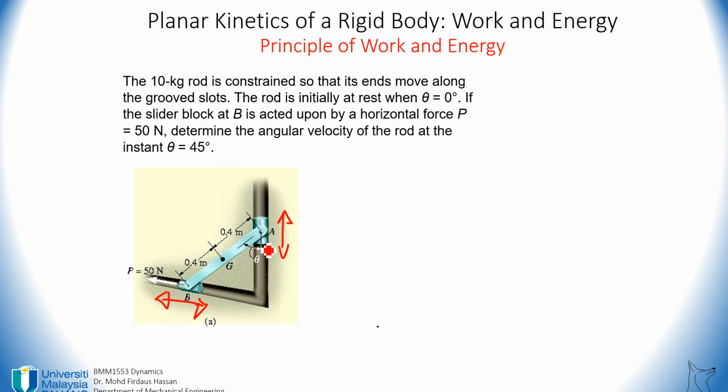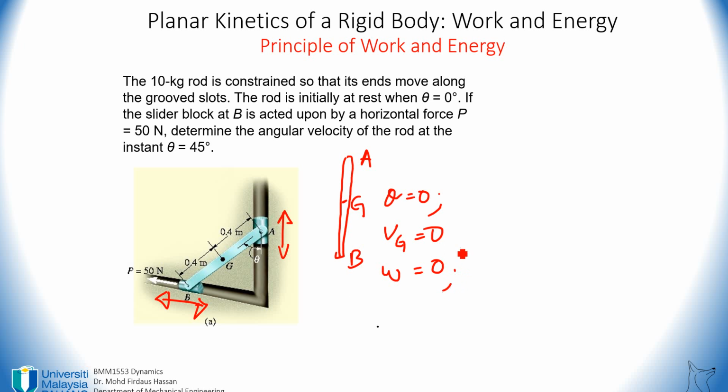This is theta. When theta is 0, the position of the rod is like this. This is point A. So at rest, Vg is 0, omega is also 0. That's the key point of rest.